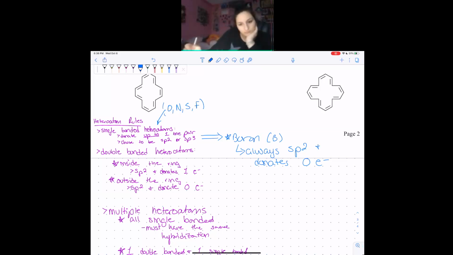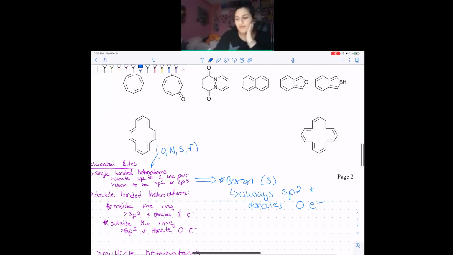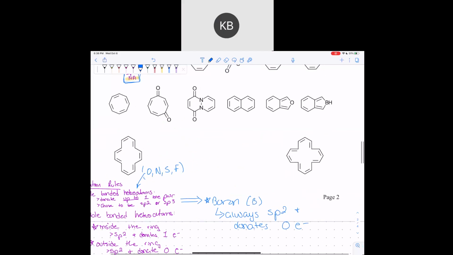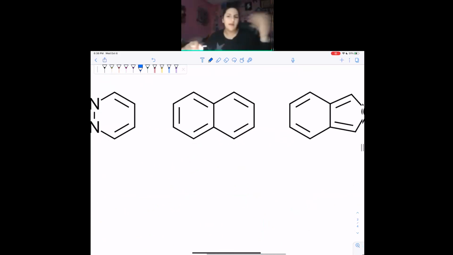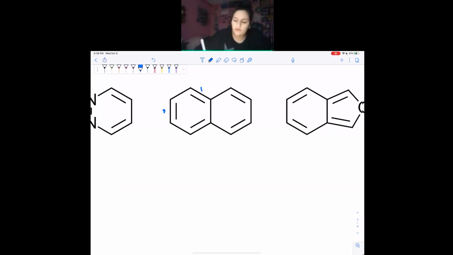Okay. So if we have something like this, the double benzene looking thing, there's no heteroatoms or anything, so cool. We're just going to see if it's cyclic, check. Planar, check. Fully conjugated, check. So let's look at the number of double bonds. 1, 2, 3, 4, 5.